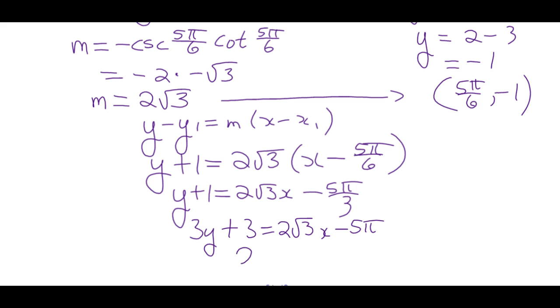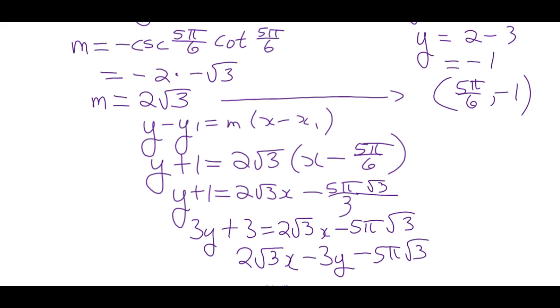Leaving us with 2 root 3 x minus 3y. How come the root 3 doesn't multiply into the 5 pi over 6? Oh, you're right. Root 3 on the end, so 5 pi root 3 over 3 here, but not here. You have to multiply the 2 root 3 by 3 as well.